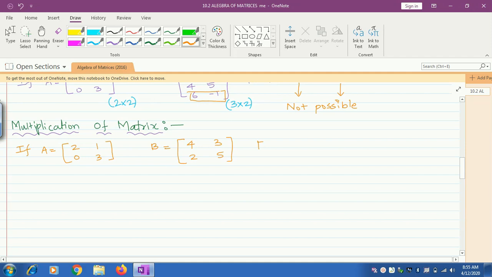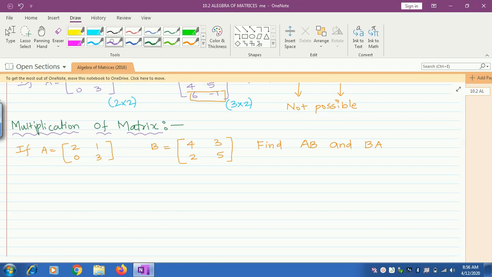Find AB and BA. So I have to calculate. In the last problem we found A plus B, A minus B, the sum and the difference, but here you have a product. So here we have a product of the matrices.